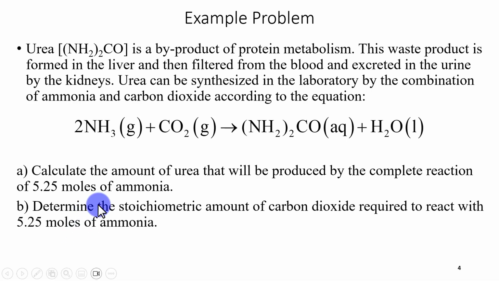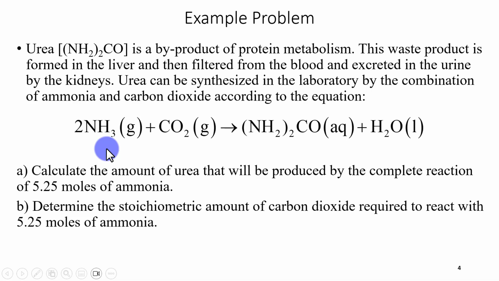Let's look at an example problem. If I have urea, which is this molecule here, it's a byproduct of protein metabolism. This waste product is formed in the liver, then filtered from the blood and excreted in urine by the kidneys. It can be synthesized in the lab by the combination of ammonia and carbon dioxide, according to this equation.